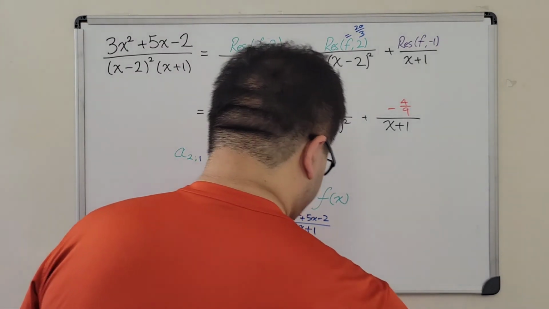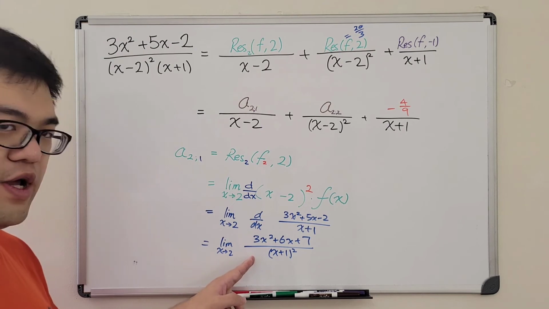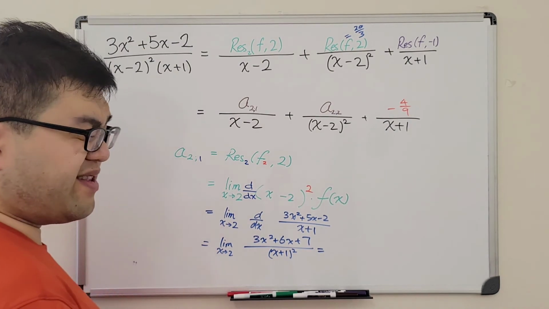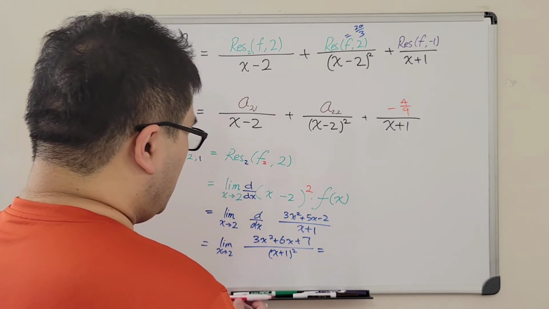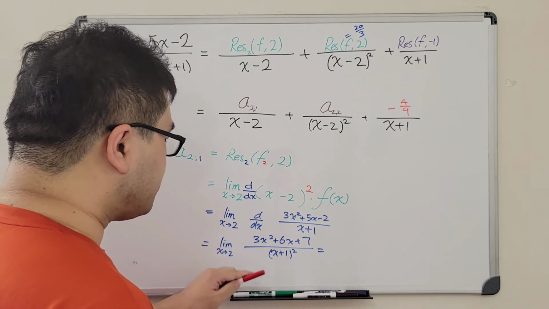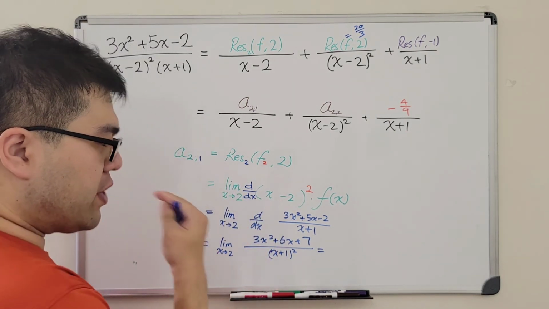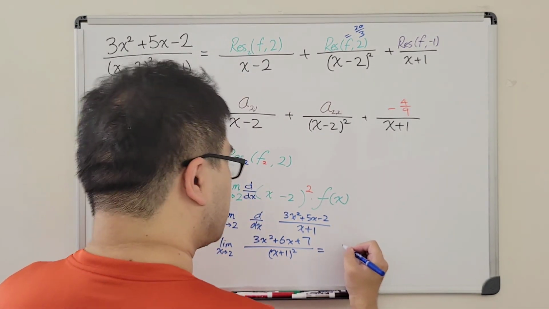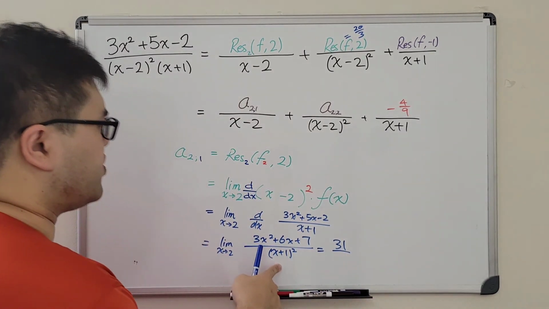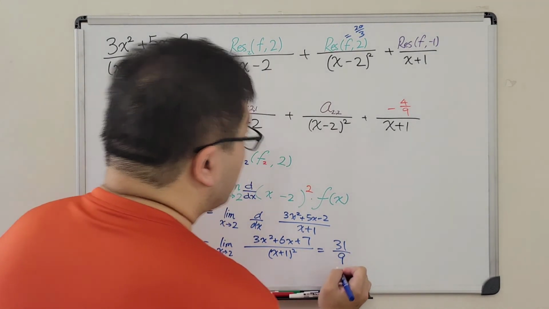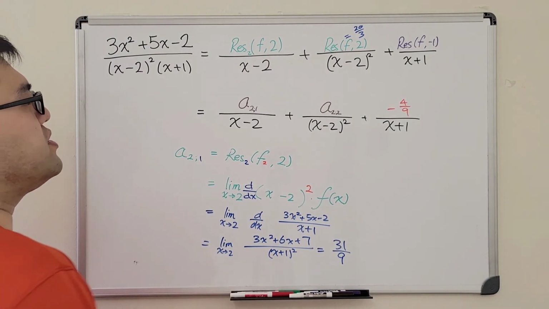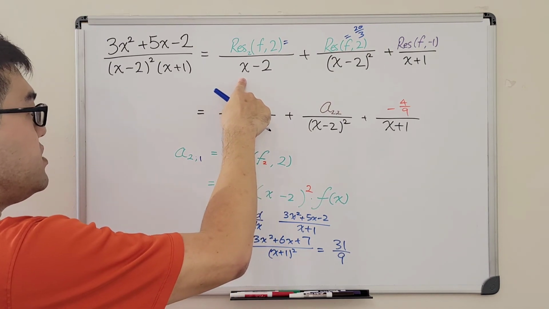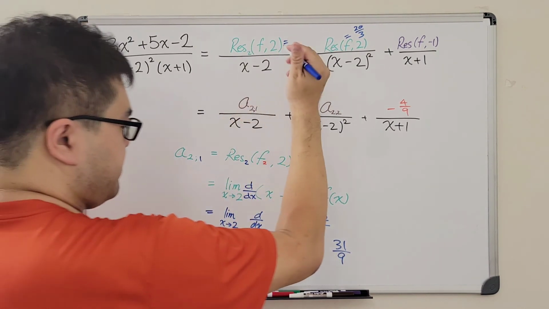And again, you can just use the quotient rule to check whether I did the derivative correctly. And suppose it is correct, which I believe it is, now we can just substitute x equals 2 into the new expression, giving us 12 plus 12 plus 7, which is 31, over 2 plus 1, which is 3 squared, is 9. And this will provide us the residue, or the coefficient, of the x minus 2 term.